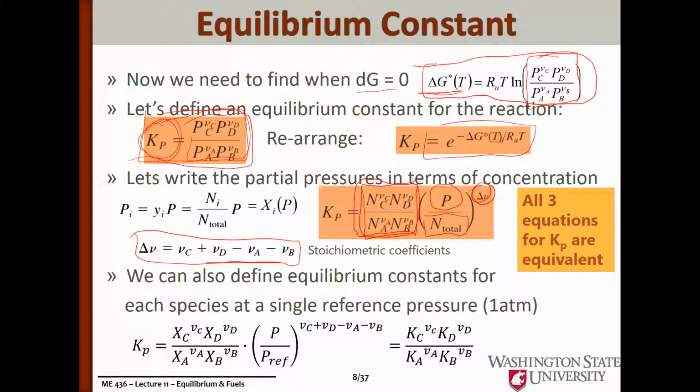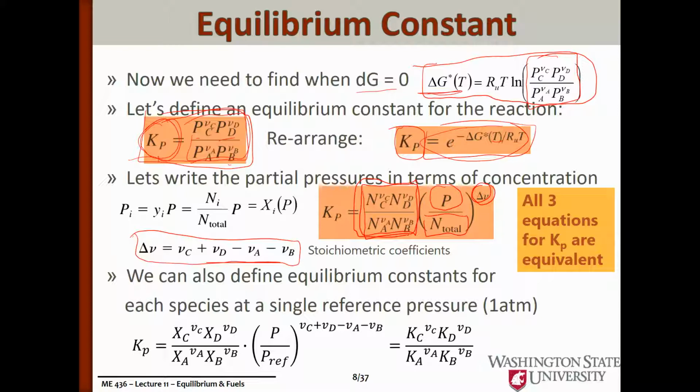Then when we're actually using this, I can know the temperature, look up the equilibrium constant from the tables, and then use that original definition to go back and solve for the partial pressures or the species using one of these other two equations.